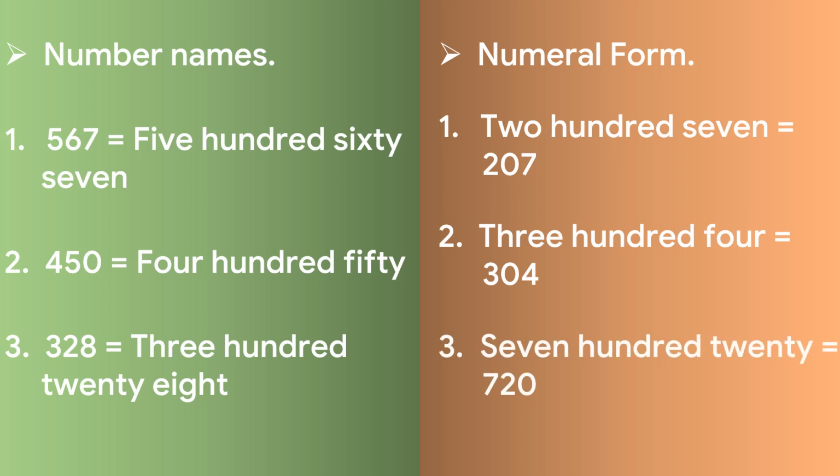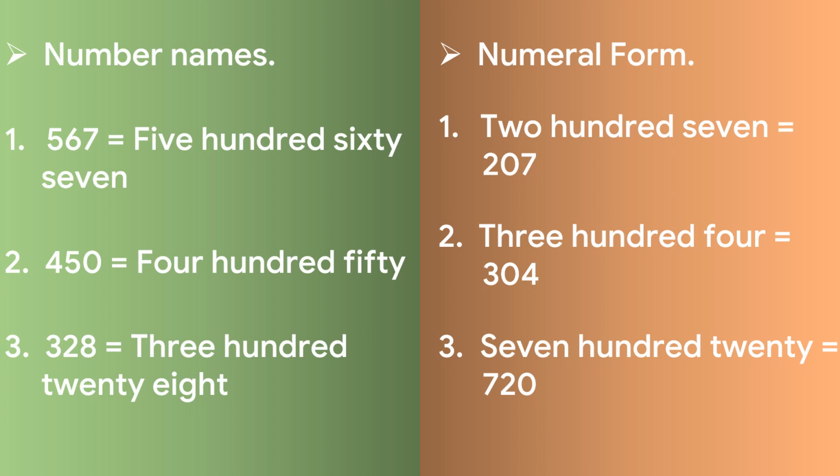Your second one is 304. So you have to write down first the hundreds place, 3, and then the ones and tens both placed together. So here it is only 4. So you have to write down only 04. Your third number is 720.